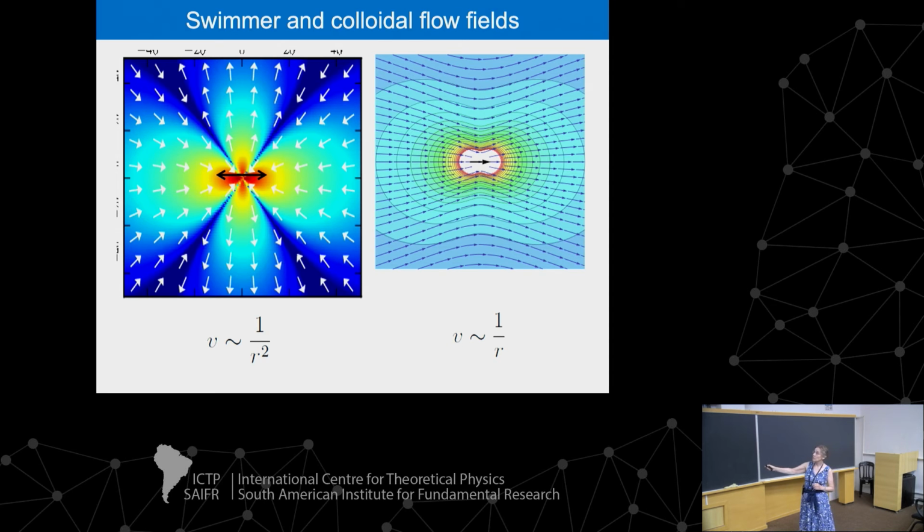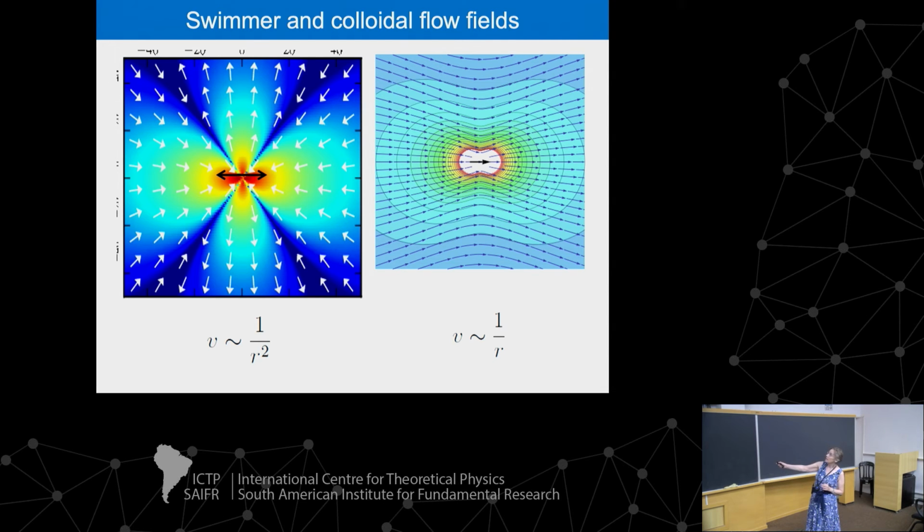Here, the symmetry is very, very different for the flow field around a swimmer. It's a symmetry which says that basically if I put a line down the middle, that side and that side are the same as each other, and that's called a nematic symmetry. Swimmers have a far flow field which has nematic symmetry.